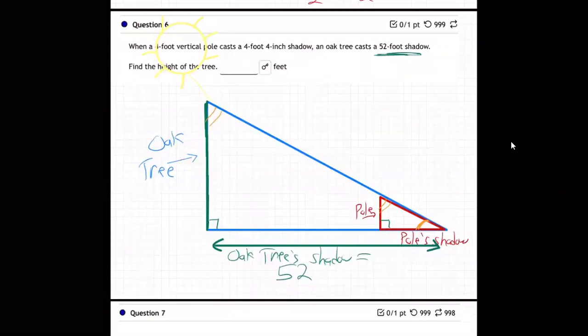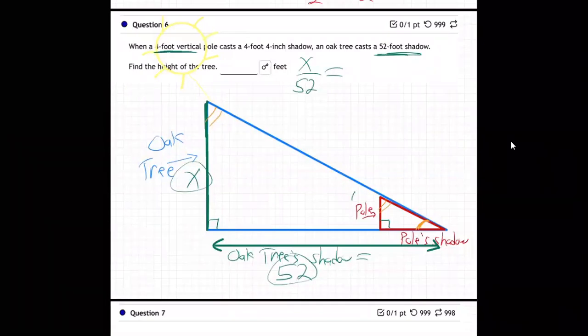They want us to find out how tall the oak tree is, so call that X. We can say X over 52, which is left over bottom. So what's the left for the pole? They're telling us it's a 4-foot vertical pole.